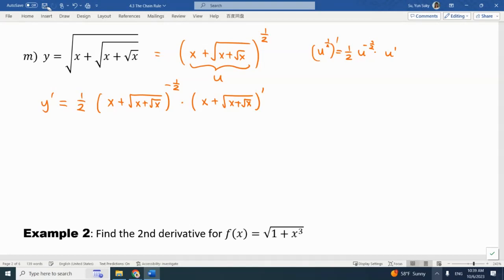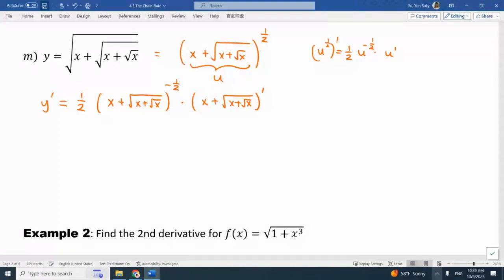So sometimes if you're not quite sure, you can write the rule down on your scratch paper or side notes. And then the next step, you want to differentiate this guy, right, everybody? It's not in the standard form, right?